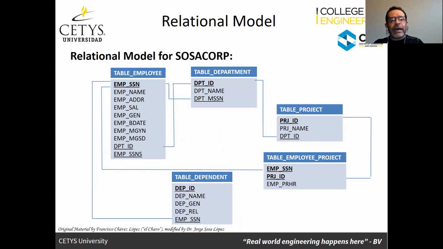First of all, I've got the 4 tables for each of the entities: employee, department, project, and dependent. Those are the 4 original entities that I had. And I've got the attributes for each defined here. And I've underscored and put in bold the primary keys that we had already established for each of these 4 entities. Now, there is a one-to-one relationship between employee and department.